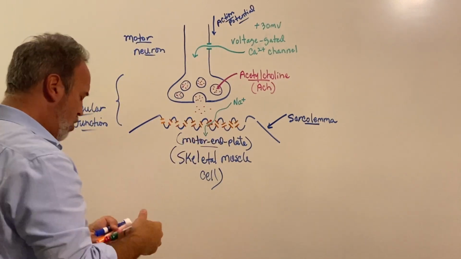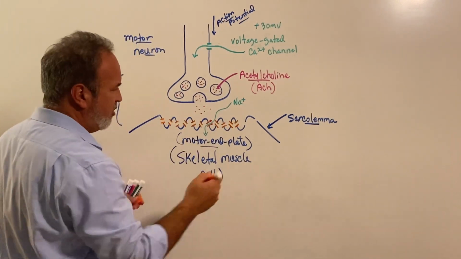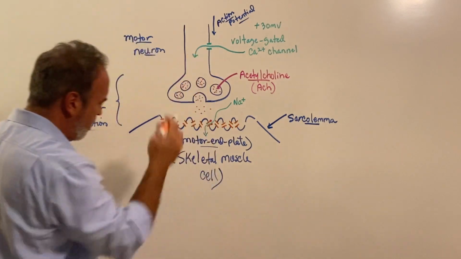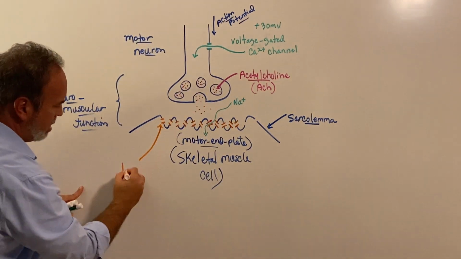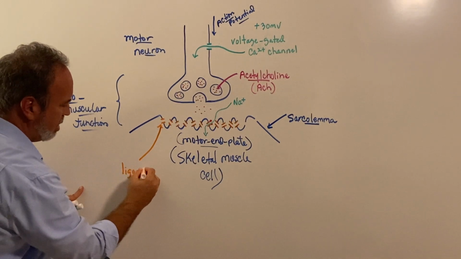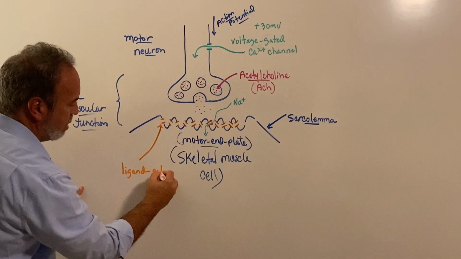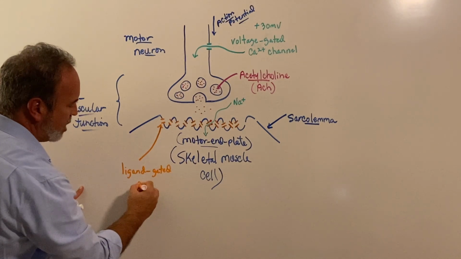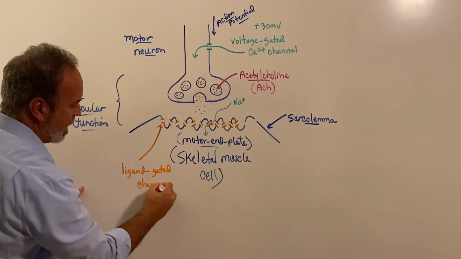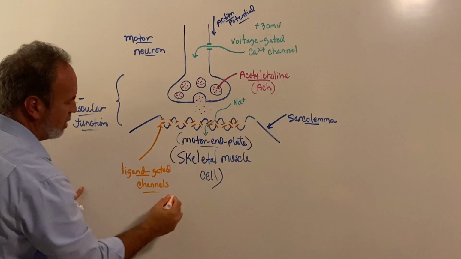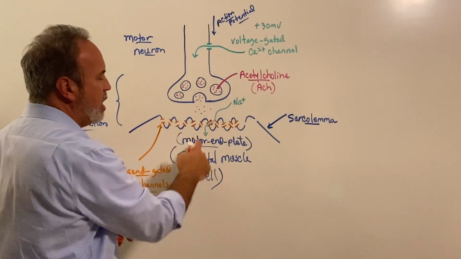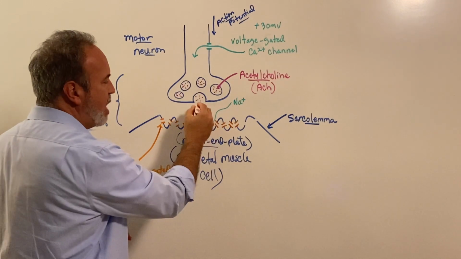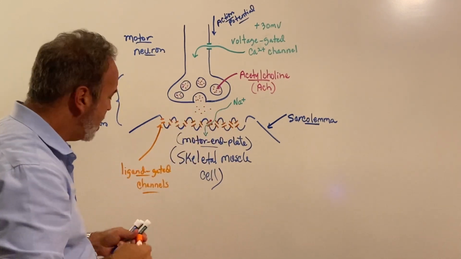Now these channels, we're going to call them ligand-gated channels, okay? And these are ligand-gated or chemically gated channels. They're going to open in response to this chemical, this acetylcholine.